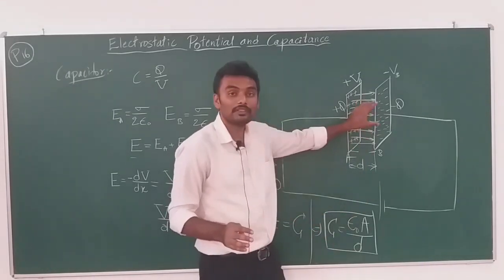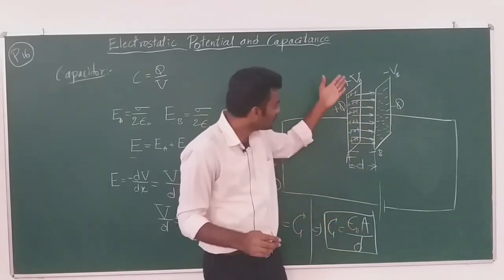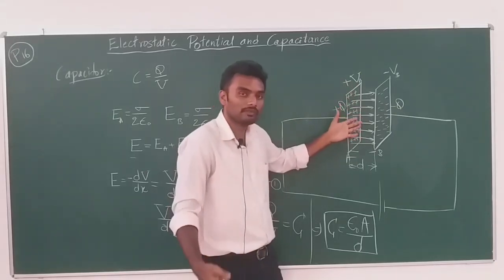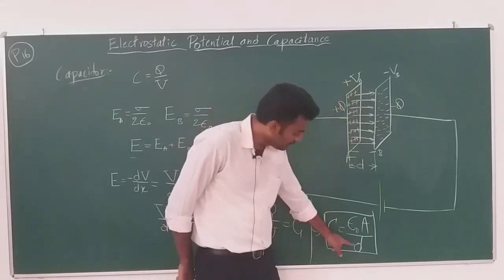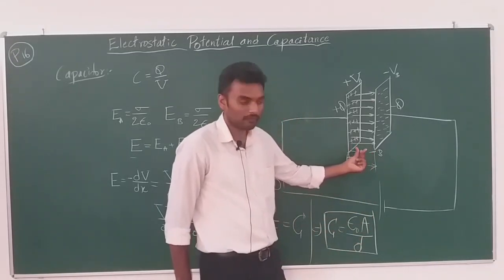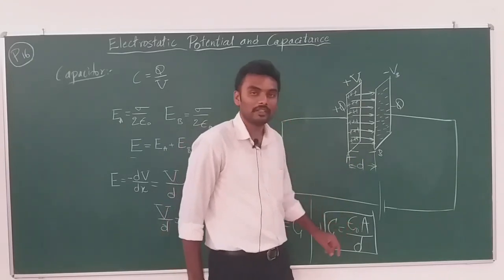A is the area of either of the plates, which is also a physical quantity. d is the distance of separation between the plates. Following? So C becomes equal to epsilon naught A by d.